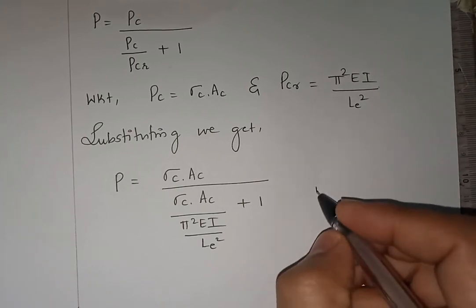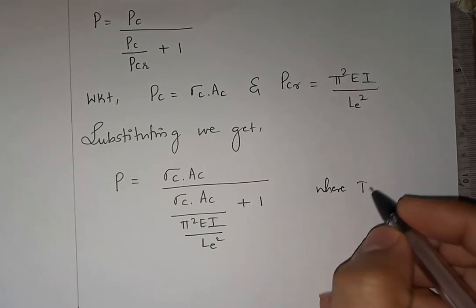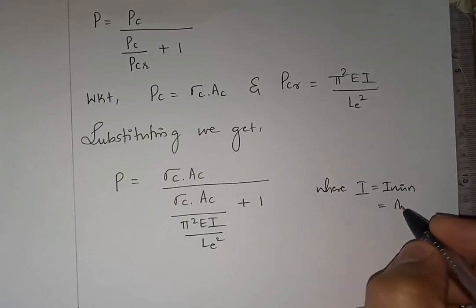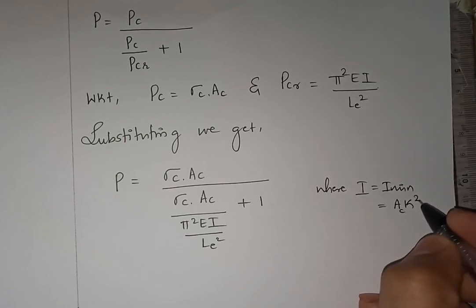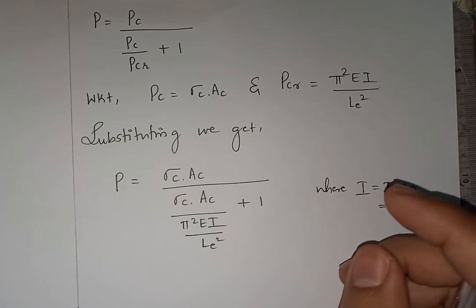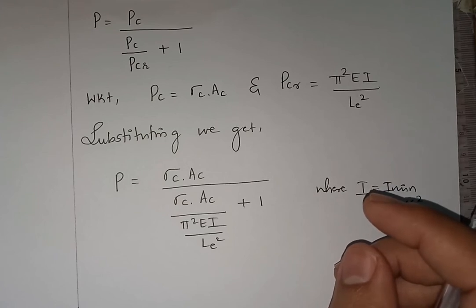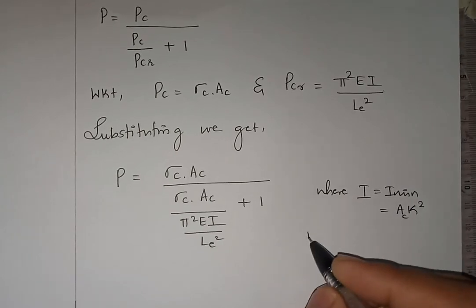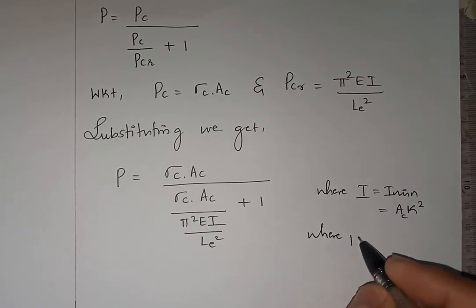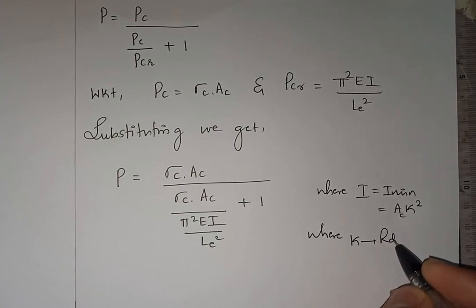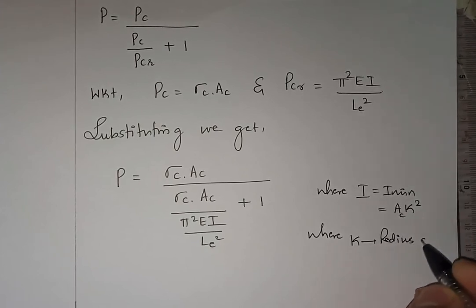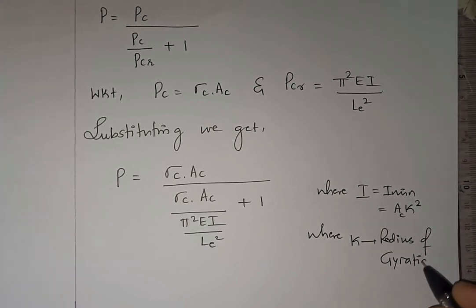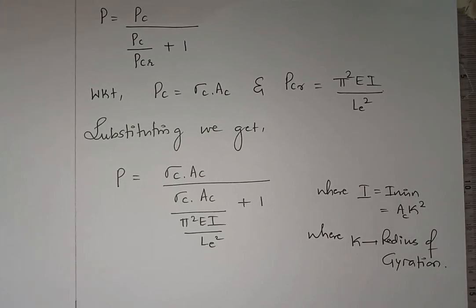Now, where I is equal to I minimum, which is equal to AC into K square, where K is called the radius of gyration.